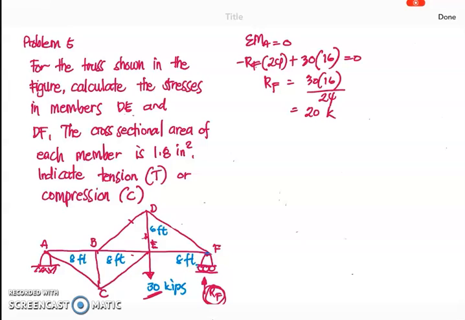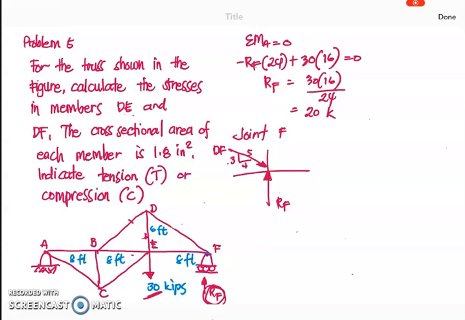So we have now the value for our reaction force at point F. What will be the force at DF? Let's have joint F and its free body diagram. You have the forces acting, R sub F, and let us assume compression for DF. The slope is 3, 4 and 5, this is 6 and 8, so simply it can be simplified as 3 and 4.